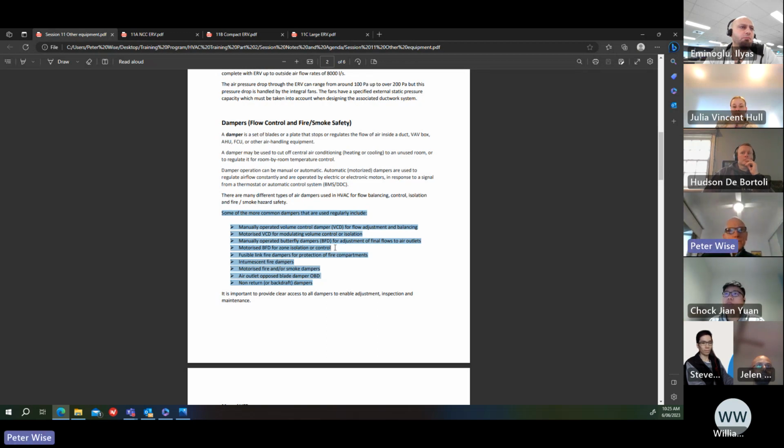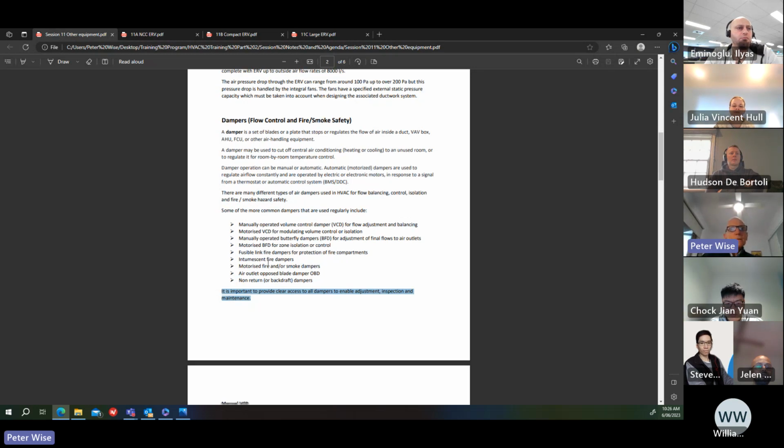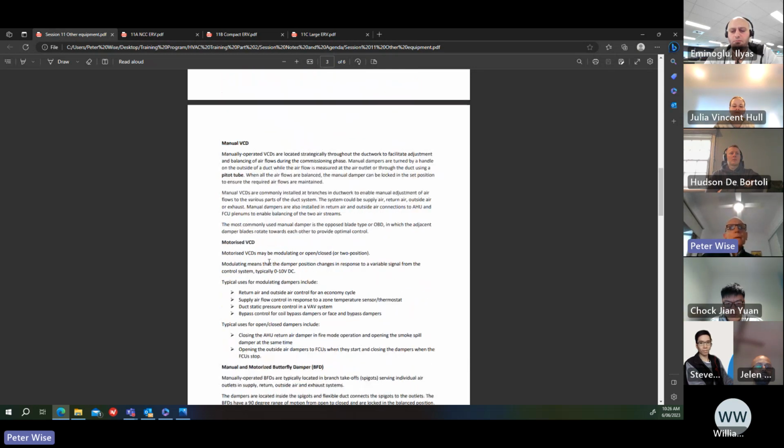Motorised butterfly dampers for zone isolation or control, fusible link fire dampers, intumescent fire dampers, motorised fire and smoke dampers, air outlet opposed blade dampers, non-return dampers. It's important to provide clear access to all dampers to enable adjustment, inspection and maintenance. Now I'll go into these a bit more.